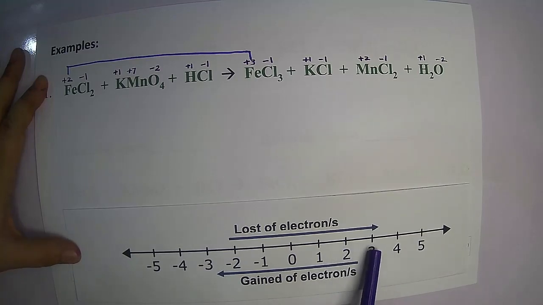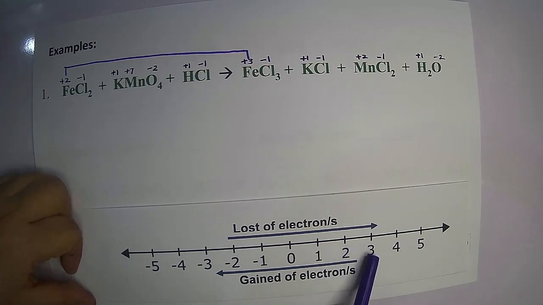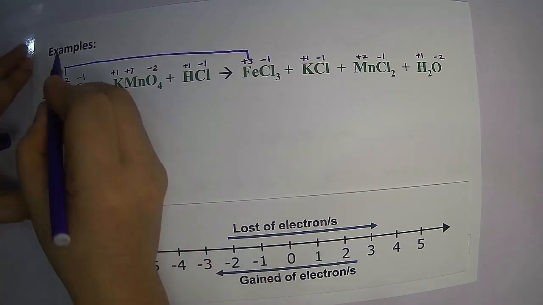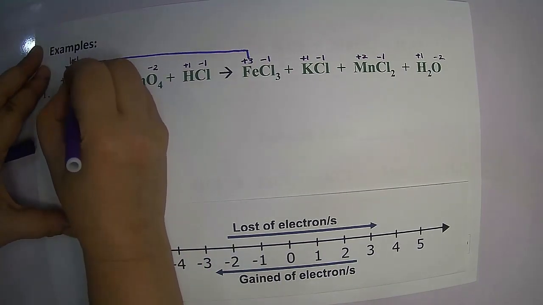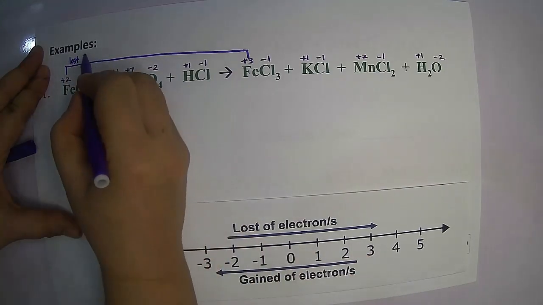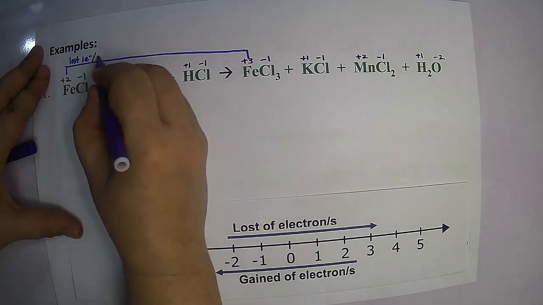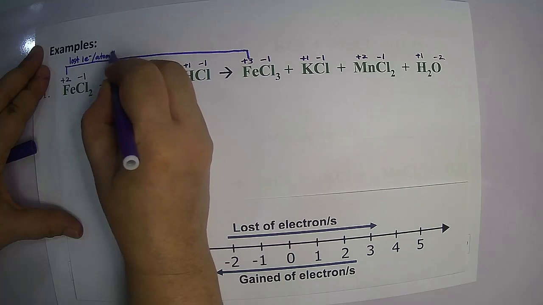So there is an increase in oxidation state, and when you increase in oxidation state, that means you lost electrons. How many? 1. Positive 2 to positive 3. So there is a loss of 1 electron per atom of iron.